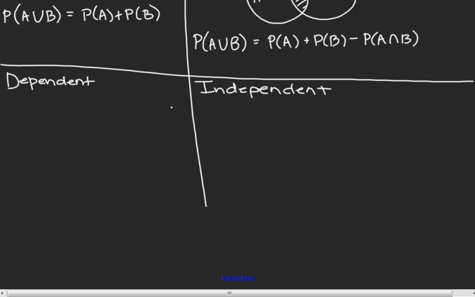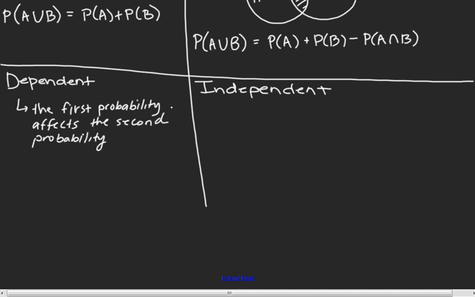Okay, so tell me the situations that we're dealing with, dependent situations. Okay, so when the first probability affects the second probability.